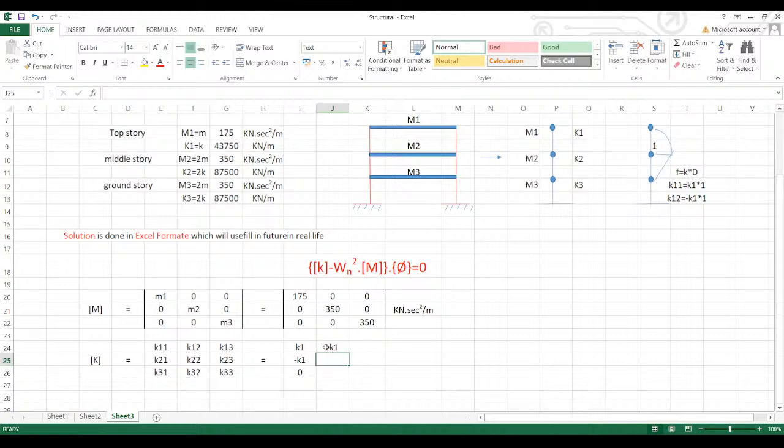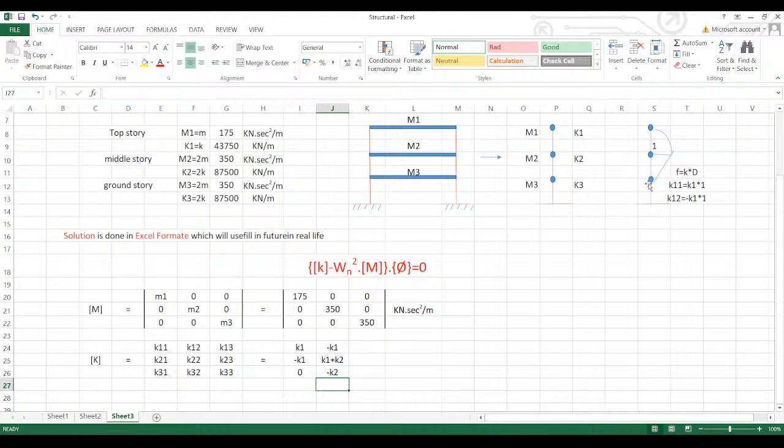That means K1 plus K2, and again there is the effect of K2 coming backward, that is minus K2.